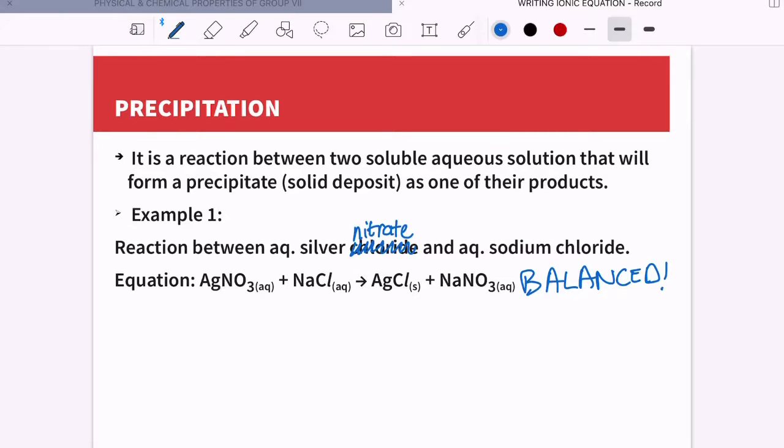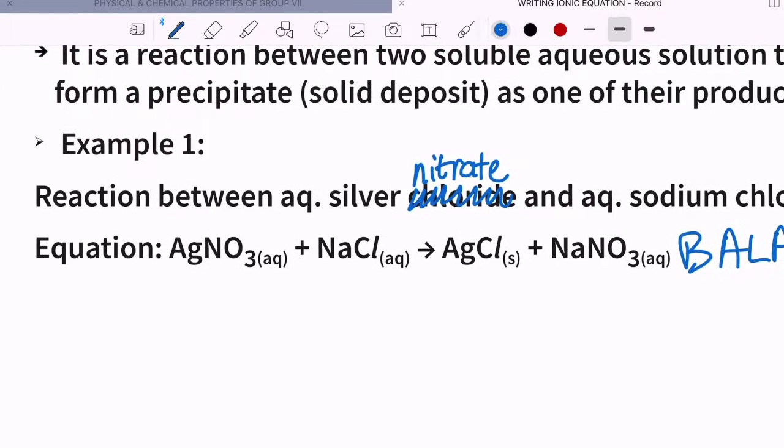Firstly, those solutions are in aqueous form. You have to break them down into their ion form. So for silver nitrate, the ions present are Ag plus and NO3 minus.